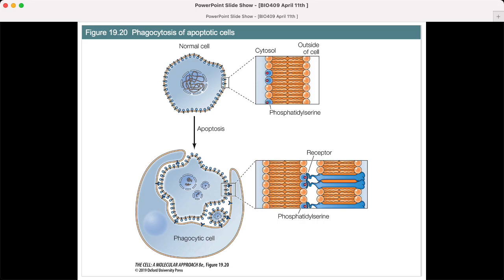And so apoptosis involves release from inhibition. The caspase effectors, the killers, are there and are being inhibited.